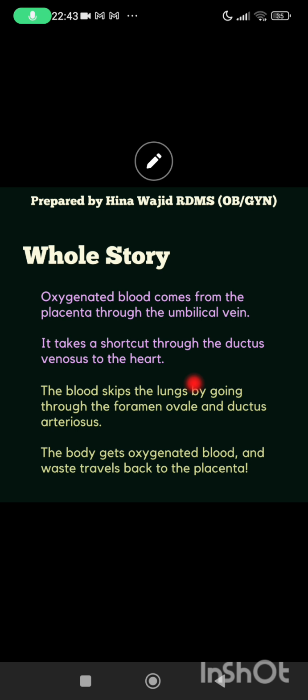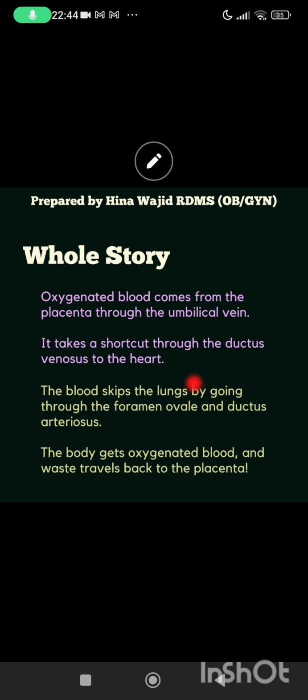Now, we do not need blood to go through the liver, so there is a bypass or a shunt that directs blood to the right side of the heart, and that is the ductus venosus, where we have the umbilical vein, the left portal vein, then the ductus venosus, which will connect to the IVC to the right atrium.